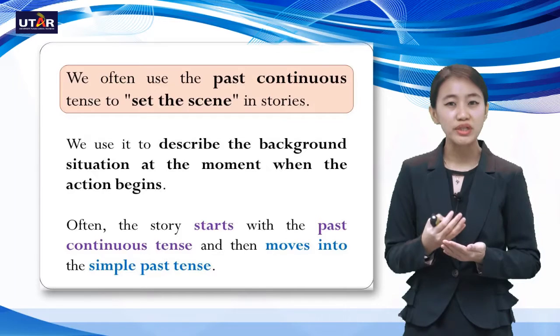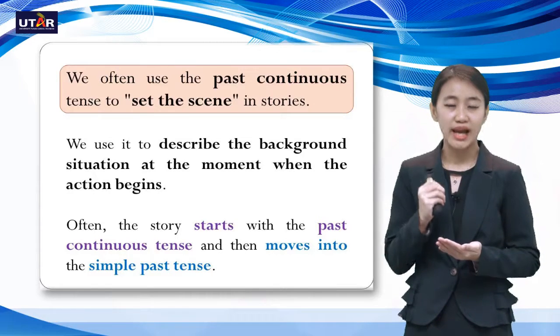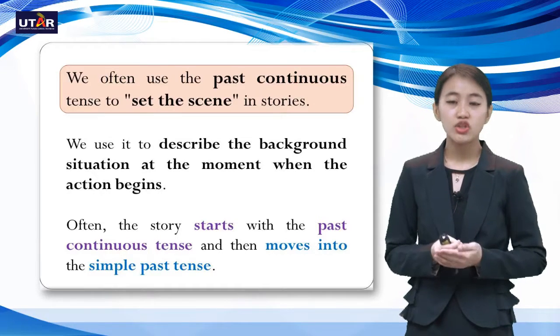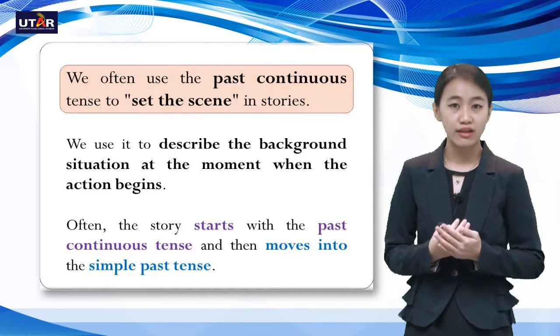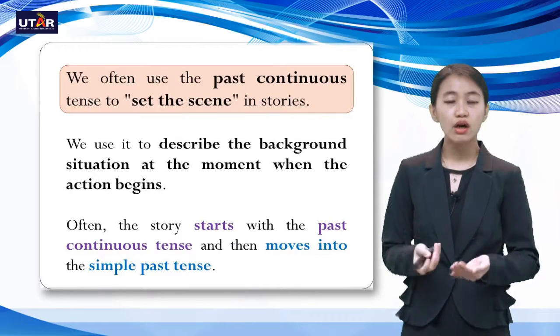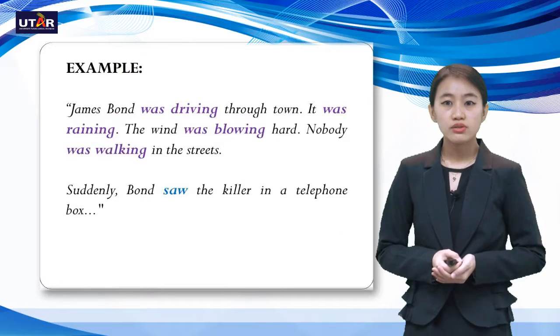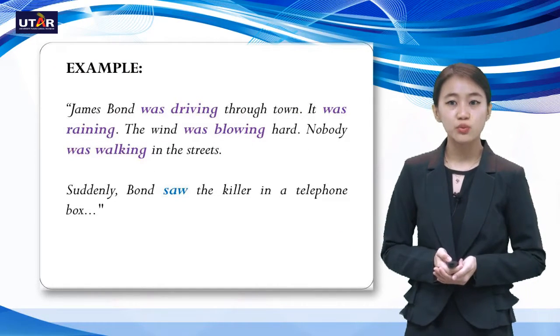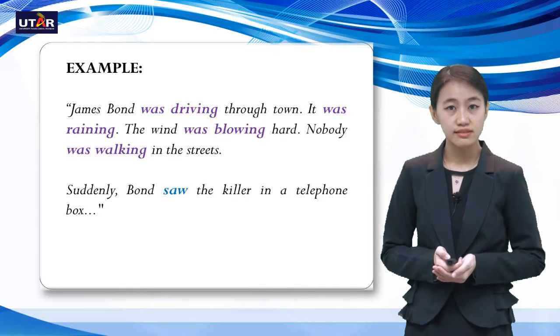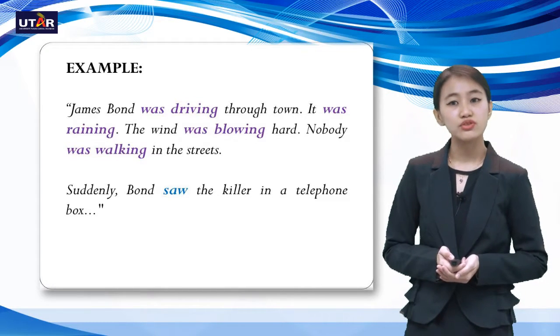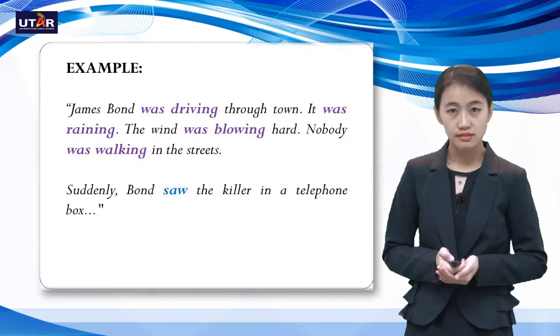So if you want your readers to really grasp the idea of your writing, you must make them understand the background. And how do you do this? Of course, you use the past continuous. So often, the story starts with the past continuous tense and then moves into the simple past tense.